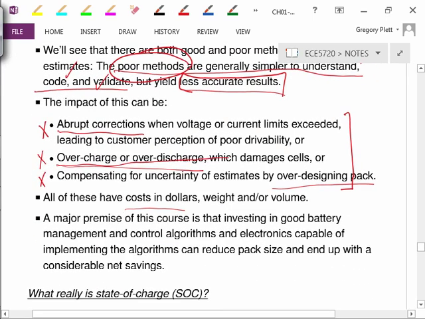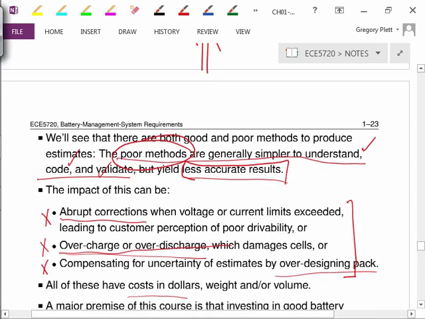A major premise is if we invest in a good battery management and control algorithms and electronics capable of implementing the algorithms, by that I mean you're not using an 8-bit microprocessor, you might be using a 16 or 32-bit microprocessor instead, which is still pretty inexpensive, frankly, that we can reduce pack size and we can end up with a net savings. All right, so that's the end of my soapbox.